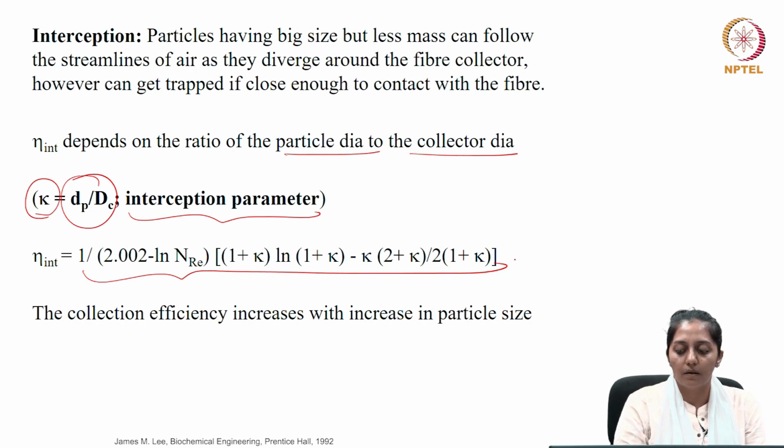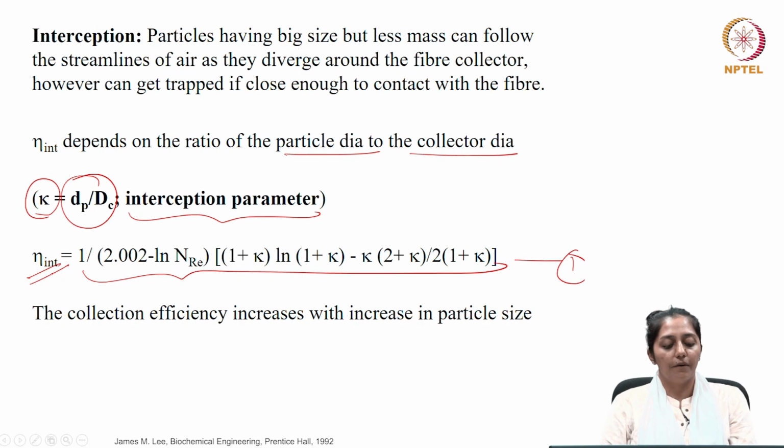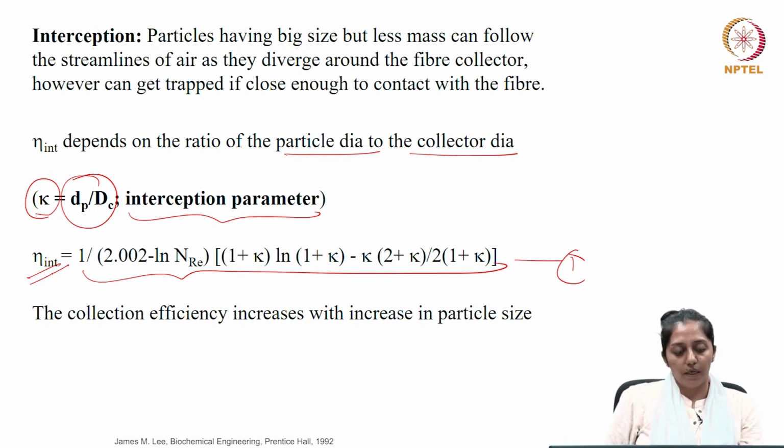This is one empirical relationship showing how to define the efficiency due to interception. Efficiency means the collection efficiency. One can make out the collection efficiency would increase with the increase in the particle size.